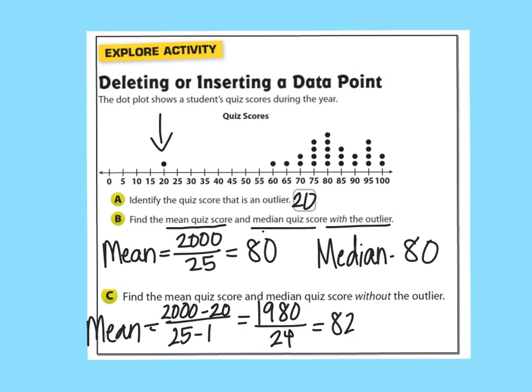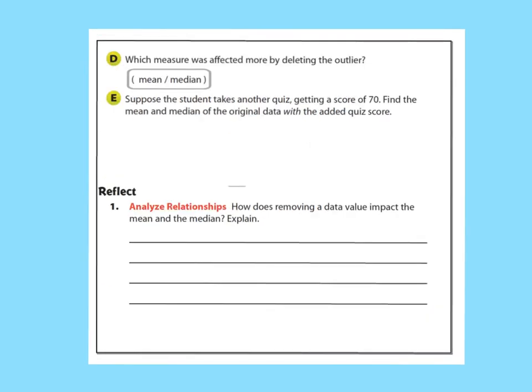And you can see the average, the mean, goes up because now that low score has been taken out. In this case, the median stays the same. It's still 80. So which measure was affected more by deleting the outlier? The mean was affected. If you remember, the median actually stayed the same.